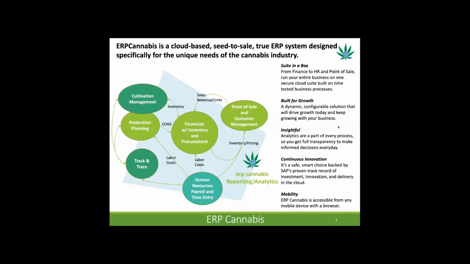Because of that, we have provided with ERP Cannabis a good starting point, but it's built for growth so that we're able to grow with your business as needed. Starting out with some basic requirements and adding on top of that over time would certainly be a viable strategy to maximize your ERP investment.